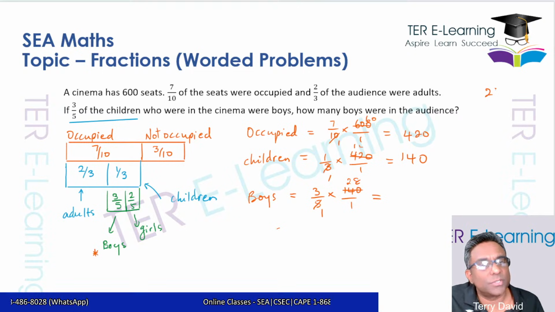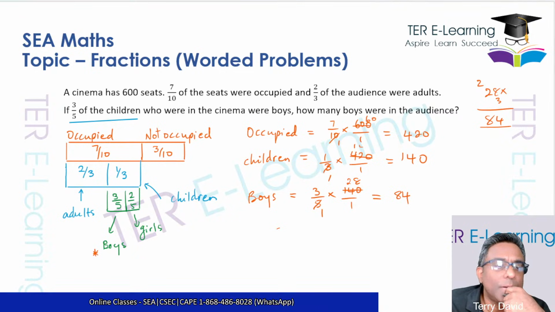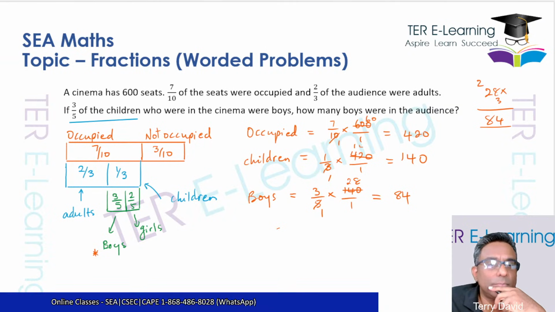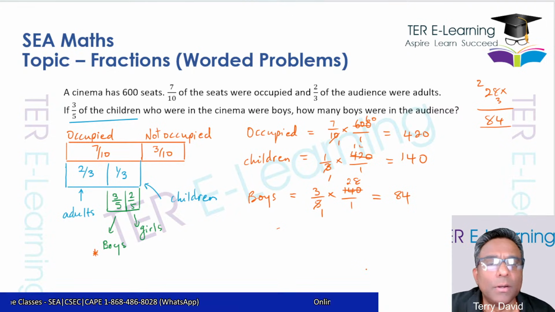So we need to work out 28 multiplied by 3. Did I have an error somewhere here? 1/3 multiplied by.